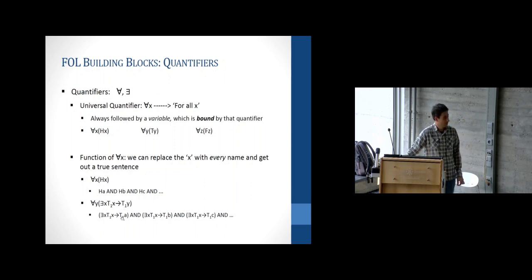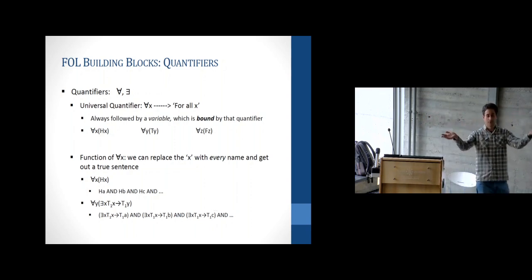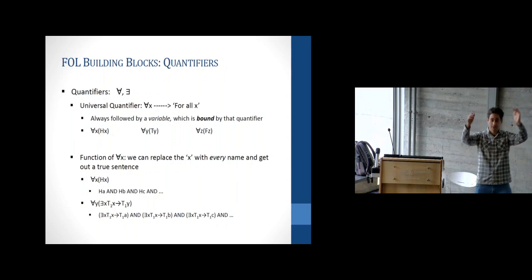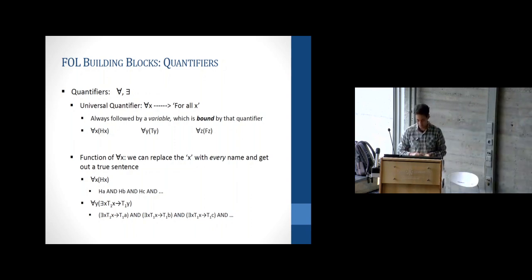Here I'm replacing it with A, here with B, here with C. When I'm saying all of you are enrolled on Canvas, then what is your name? I'm George. Then George is enrolled on Canvas, right? So I can take a universal statement and apply it to every name. That's the idea.